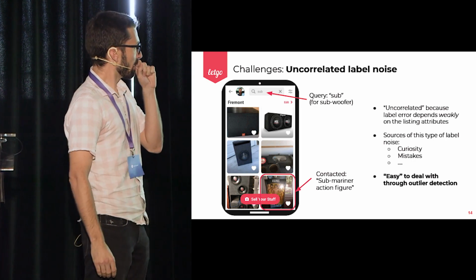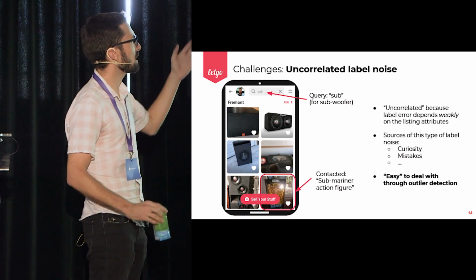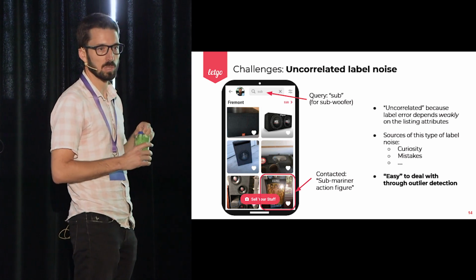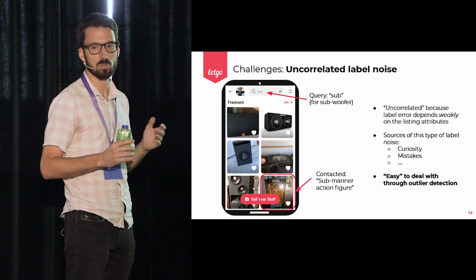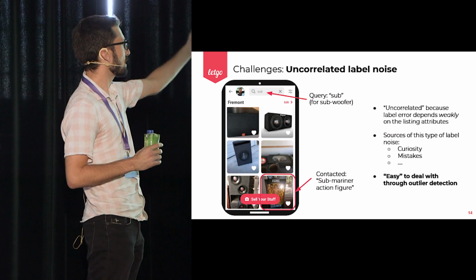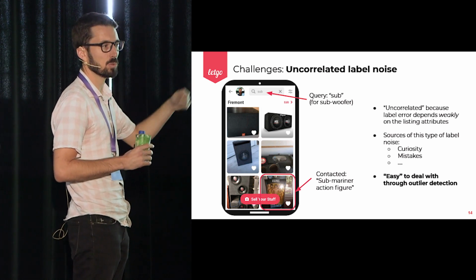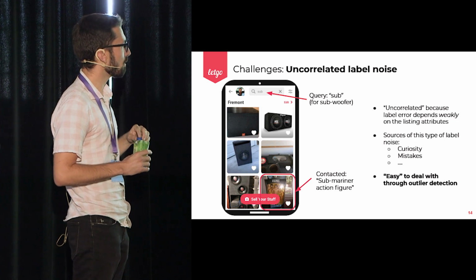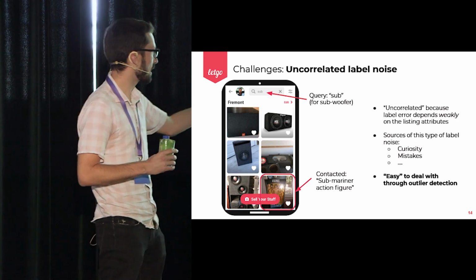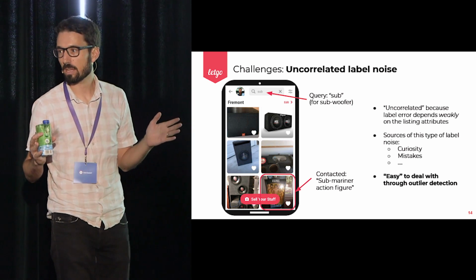So for some queries, what happens is the following. The user issues a query, sub in this case, which in the US refers to subwoofers 99% of the time. And our search algorithm correctly returns mostly subwoofers. But if you scroll down enough, you may end up finding something that has nothing to do with a subwoofer, and that happens to pique the interest of the seller.